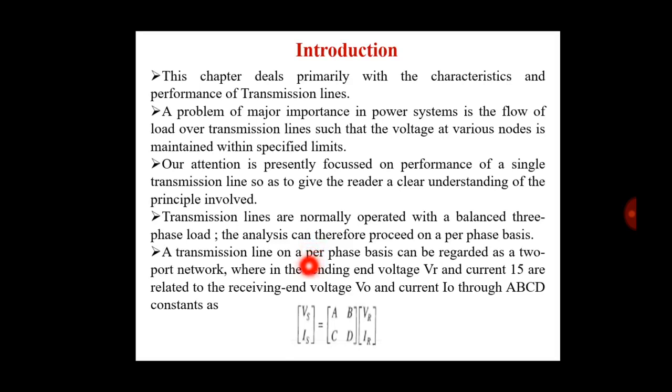A transmission line on a per phase basis can be regarded as a two-port network, wherein the sending end voltage VS and current IS are related to the receiving end voltage VR and current IR through ABCD constants. Means here the relation between sending end voltage and current with receiving end voltage and current is: [VS IS] in matrix form is equal to the matrix of ABCD constants times the matrix [VR IR].